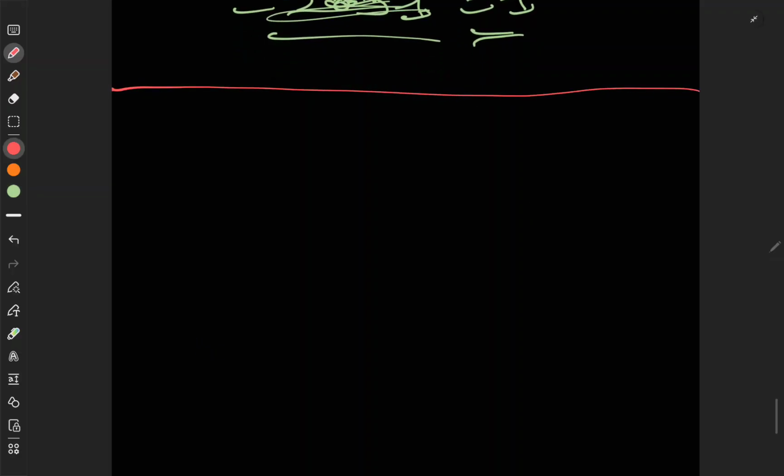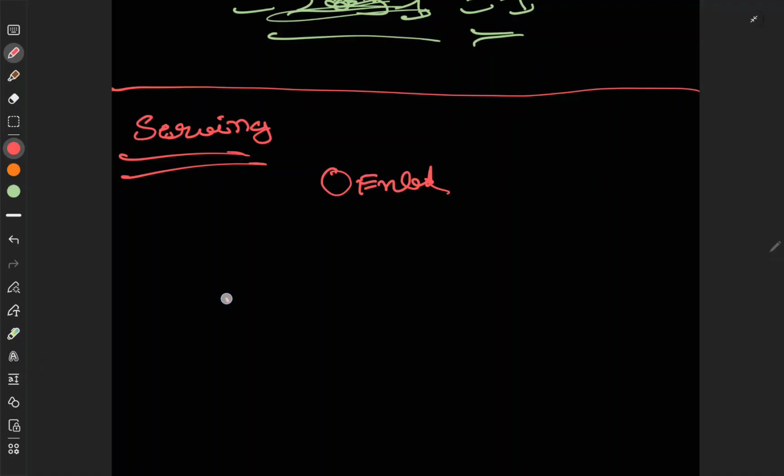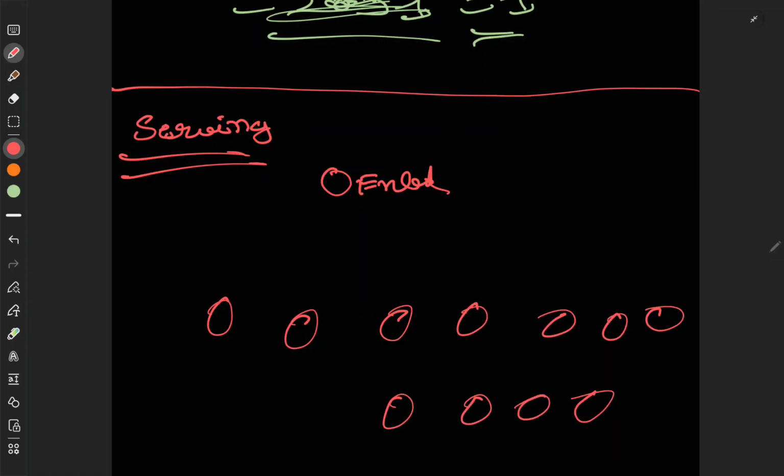Then coming to the last part, that is serving. We need to think very logically here. If a user is coming, would I compare this embedding with other billion embeddings? Just think logically. The answer is no. We need to decrease the sample size.